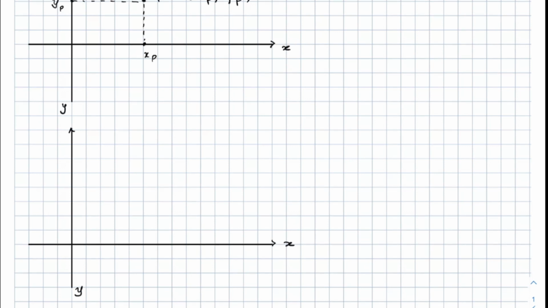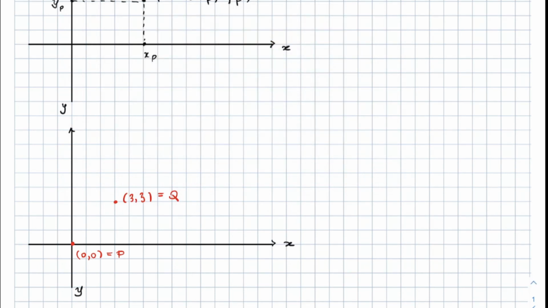So let us take the point 0, 0. This will be our point P, and the point 3, 3. This will be our point Q.